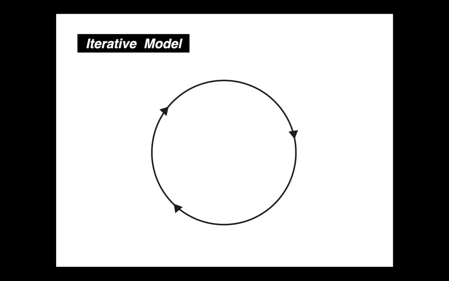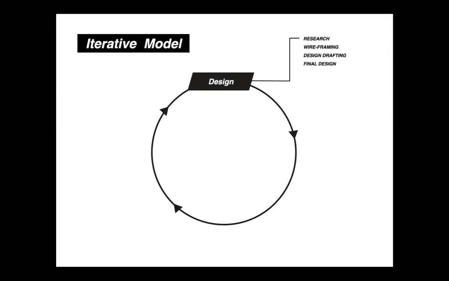Next, and this is the most used one, is the interactive model. So you'll start off with the design, and the design has research, wireframing, design drafting, and final designs. These are all aspects during the design process. You'll do your research, then you'll do low fidelity wireframes. The reason for the wireframes is so that you can determine the user experience. In other words, how would I move from one screen to another screen?